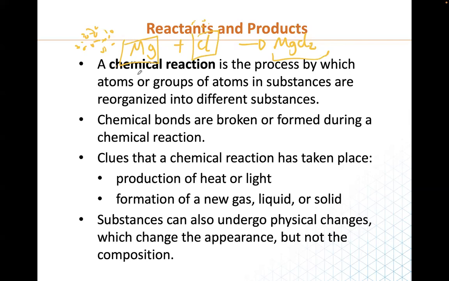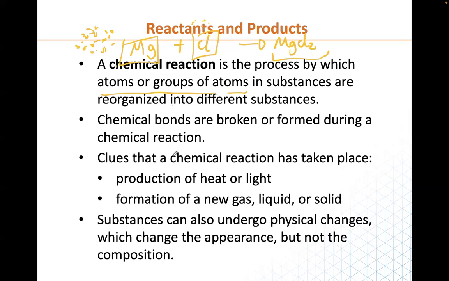Chemical bonds are broken, so the chemical bond holding the magnesium atoms together would be broken down into smaller particles. The chemical bond holding the chlorine particles together will be broken down into smaller particles. So they will come together to form a new product called magnesium chloride.